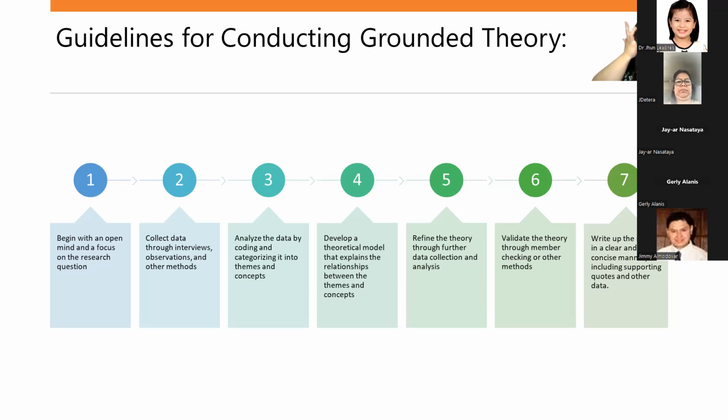So develop a theoretical model that explains the relationships. You have to create your own model. That's why you become a theorist when you have GT, because it's your own concept that you built. Okay. And then refine the theory further through data collection and analysis.